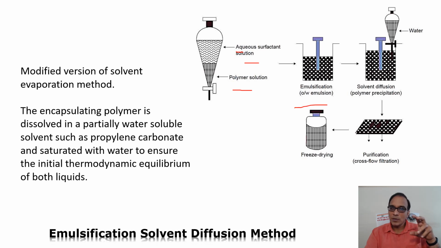Then emulsification is the next step, in which the oil and water emulsion is prepared, and then solvent diffusion is done by the polymer precipitation. Purification by cross flow filtration is done, and then after freeze drying, the polymeric nanoparticles can be obtained.